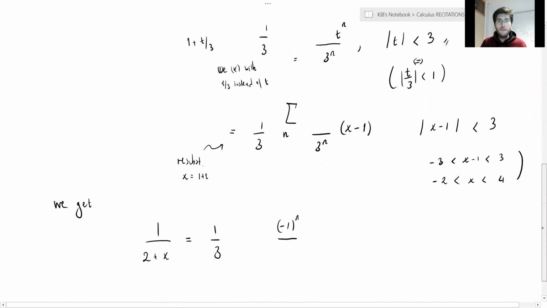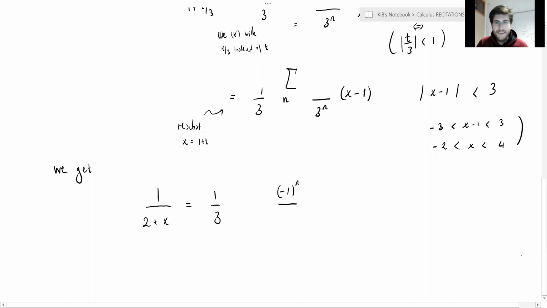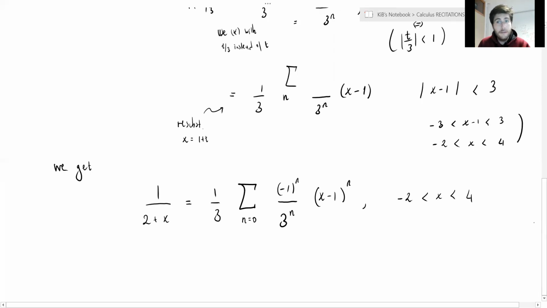Is this serious? Okay, I will correct this in the notes. Anyway, somehow at the end of the day we have 3 to the n, x minus 1 to the n, starting from 0, with this domain of convergence.